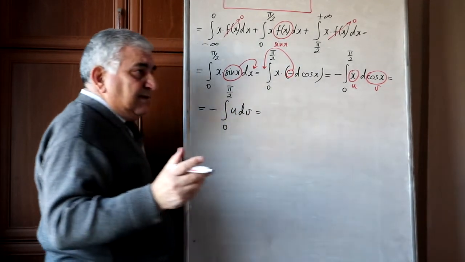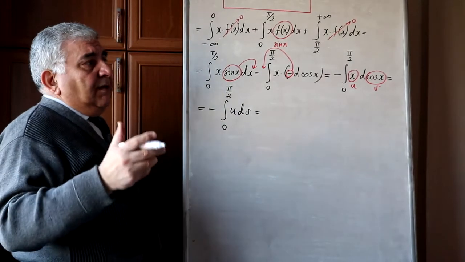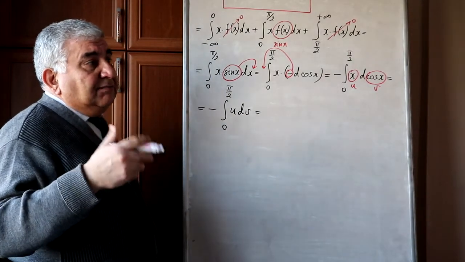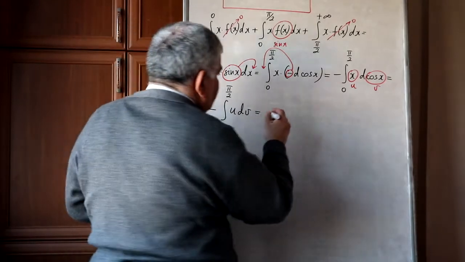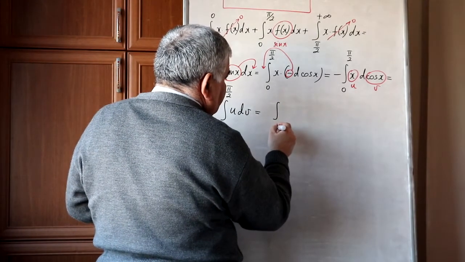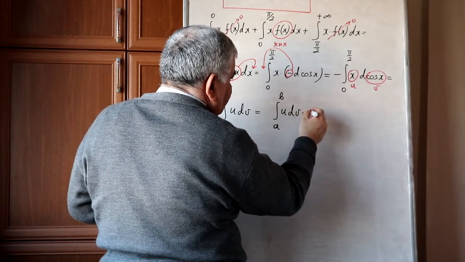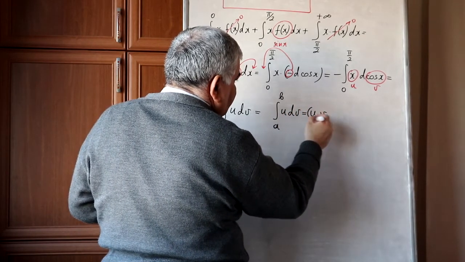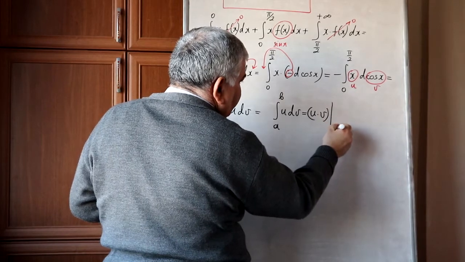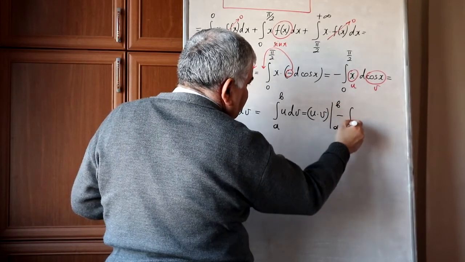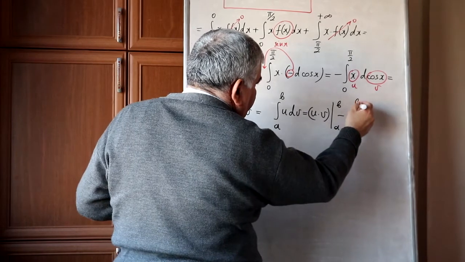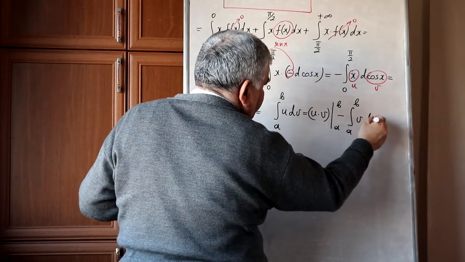Then remember the formula of the definite integration by parts. Integral from a to b of u dv equals u multiplied by v with double substitution from a to b, minus integral from a to b of v du.